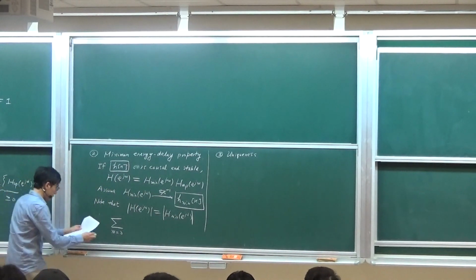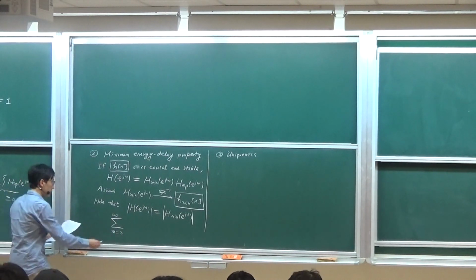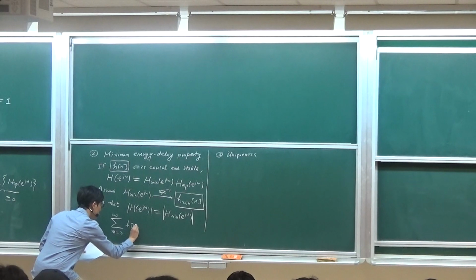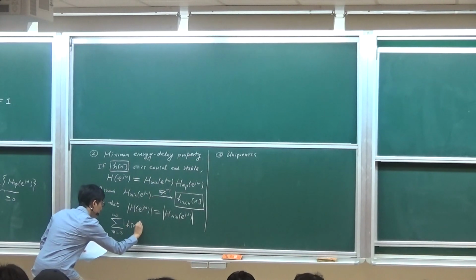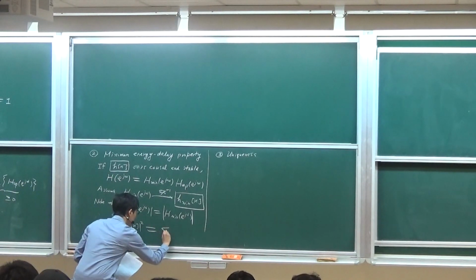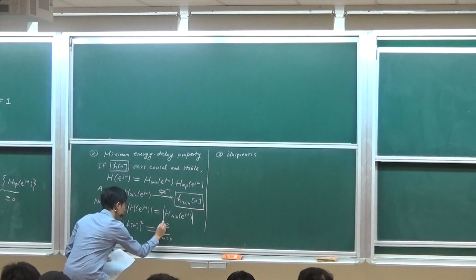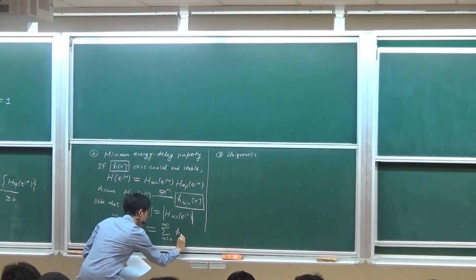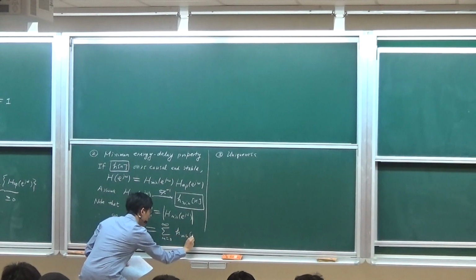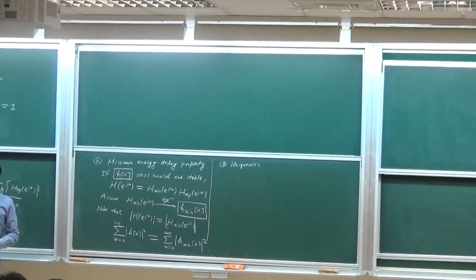If you sum from 0 to infinity, since this is a causal system, the sum of h of n squared will be equal to the sum for n from 0 to infinity of h min of n squared. That's a relation.